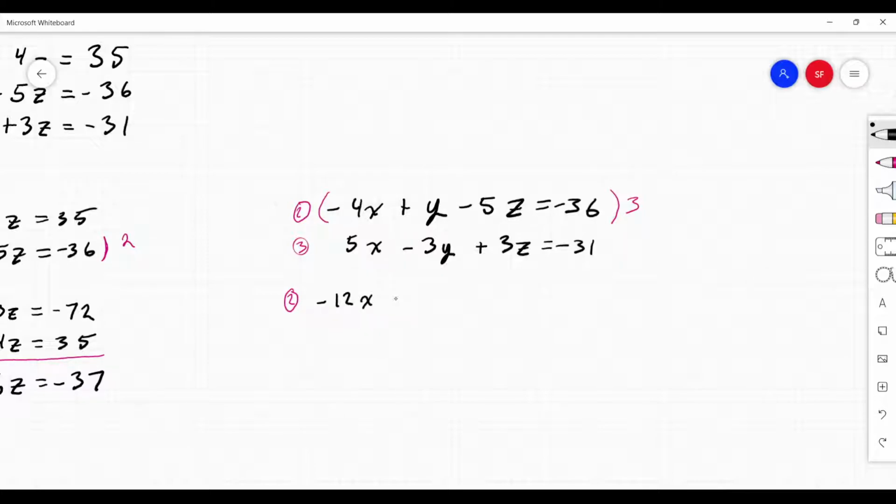And then 3 times y is plus 3y. And then 3 times negative 5z is negative 15z. My brain gets ahead of my mouth sometimes. It's a little bit terrifying. And then 3 times negative 36 is negative 108.